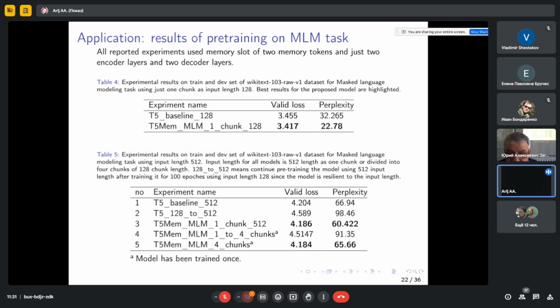For lines 2 and 4, I wanted to understand the consequences of continuing pre-training, but using longer input lengths. And practically, the result is worse than pre-training from scratch. Yes, so this is a practical result, and I don't have an explanation for it.